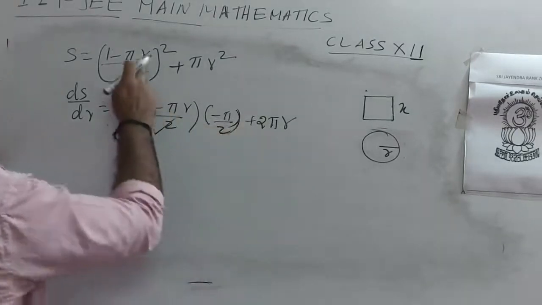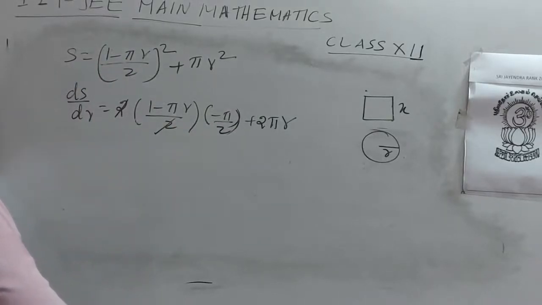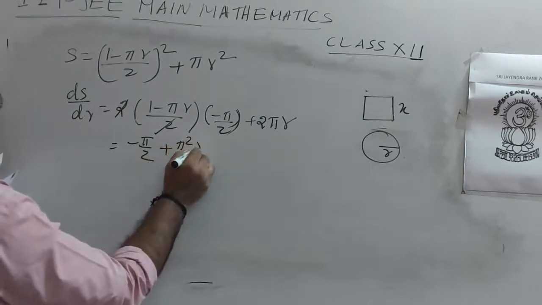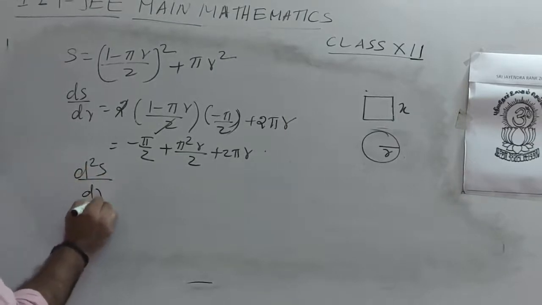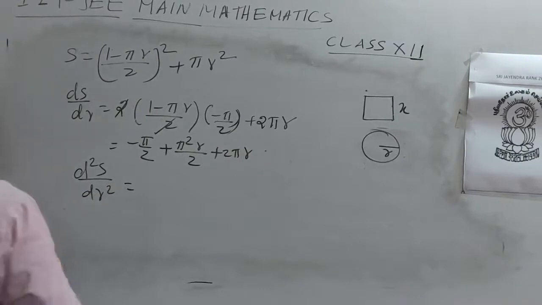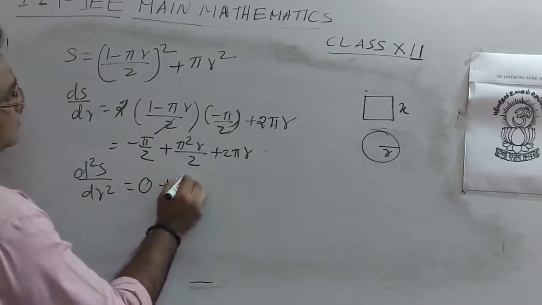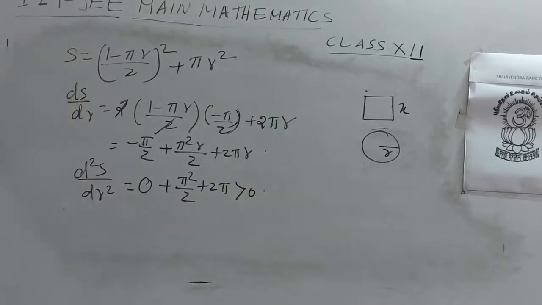So we get minus pi by 2 plus pi squared r by 2 plus 2 pi r. d squared S by dr squared: here constant 0 plus pi squared by 2 plus 2 pi, which is greater than 0.